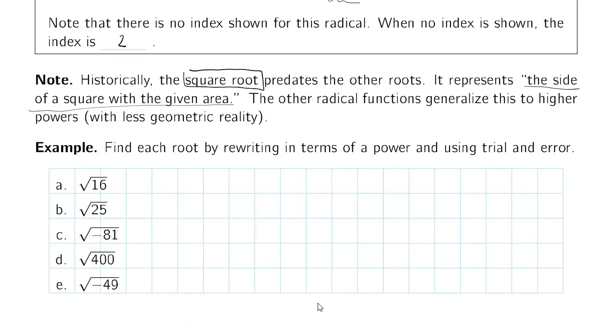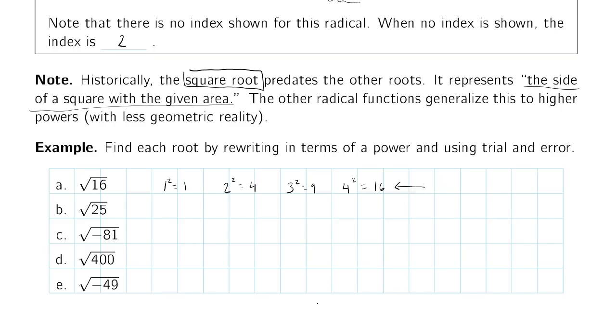For example, we can find square roots using trial and error, right? The square root of 16, that's saying what number to the second power gives me 16? So 1 squared is 1, 2 squared is 4, 3 squared is 9, 4 squared is 16. That's the one.